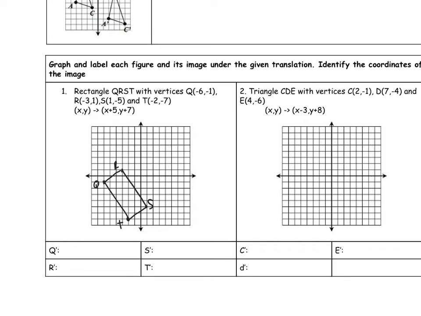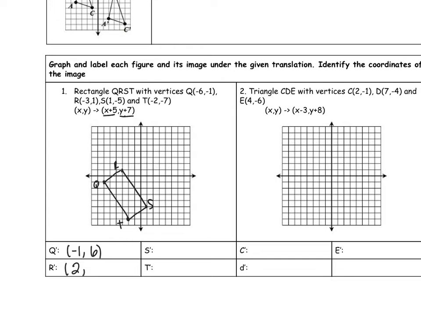And they want us to add 5 to each x and add 7 to each y. Okay. So we're going to add 5 to -6. That gives us -1. Add 7 to -1. That gives us 6. R. We're going to add 5 to -3, that gives us 2.